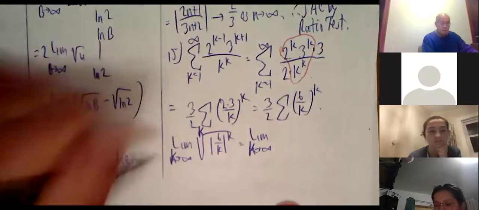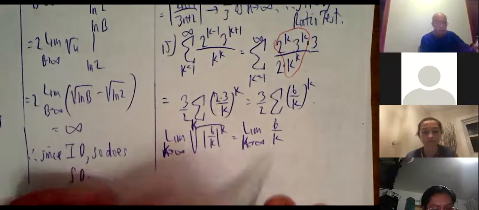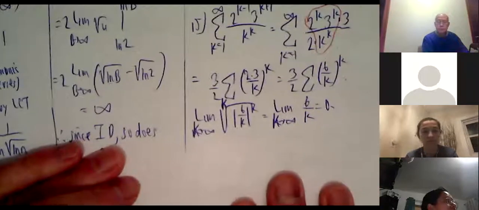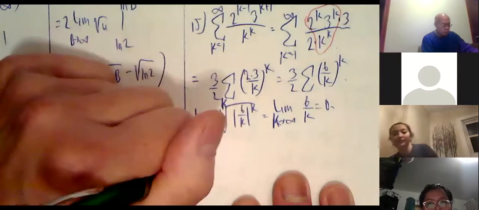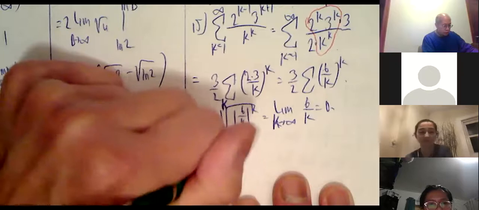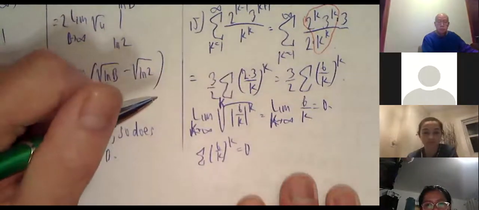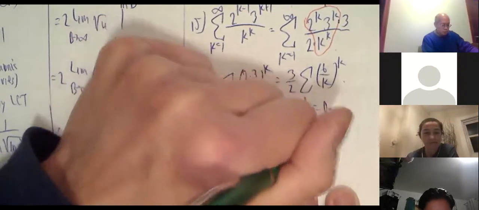These are all k's. 6 over k. And what happens when k gets big? That approaches 0. So there we go. So summation 6 over k to the k converges, since the limit is 0, by the root test.